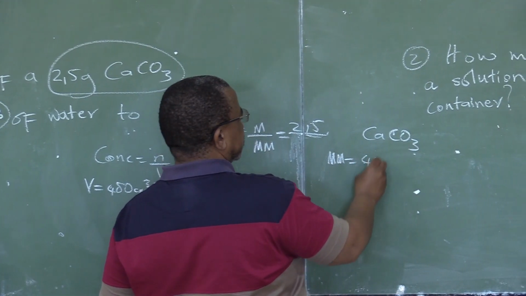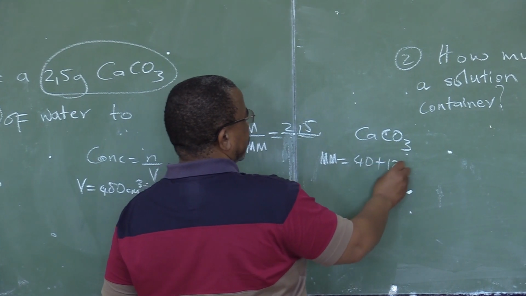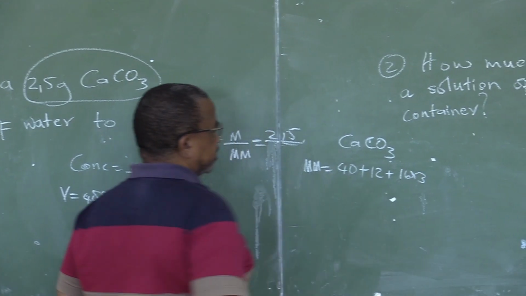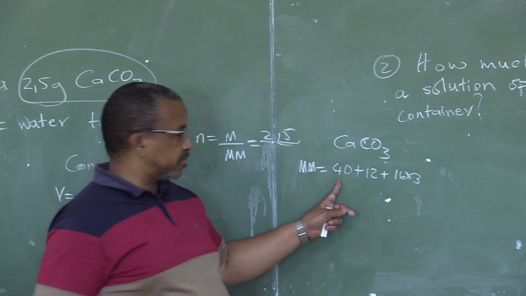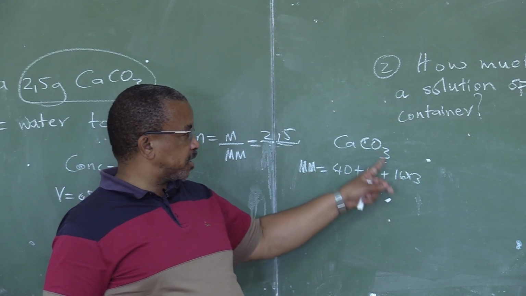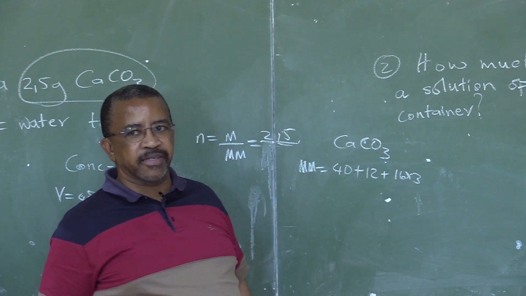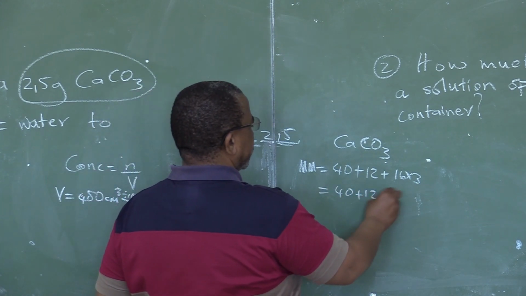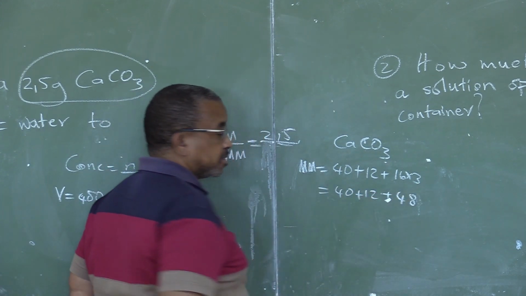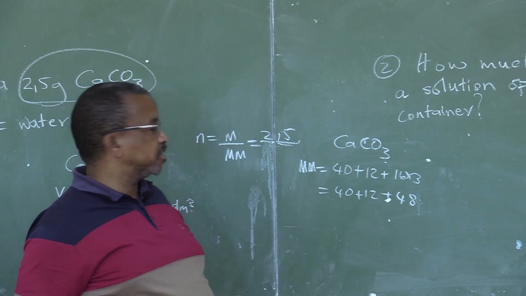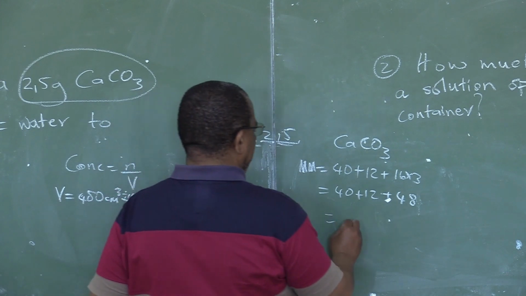Calcium is 40, carbon is 12, oxygen is 16, and there are 3 oxygens. Then we have 40 plus 12 plus 48, since 16 times 3 is 48. 48 plus 12 is 60, and 60 plus 40 is 100.